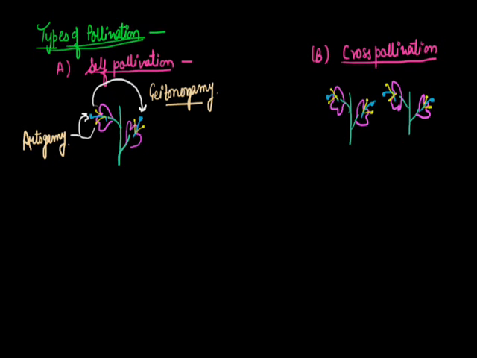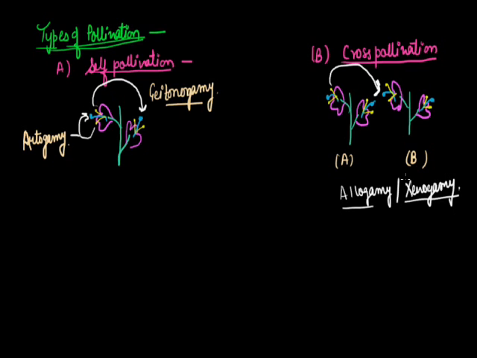Well, if we have two different plants, A and B, of the same species, then the movement of pollen grain from one plant to the flower stigma of another plant is called cross pollination, allogamy or xenogamy.